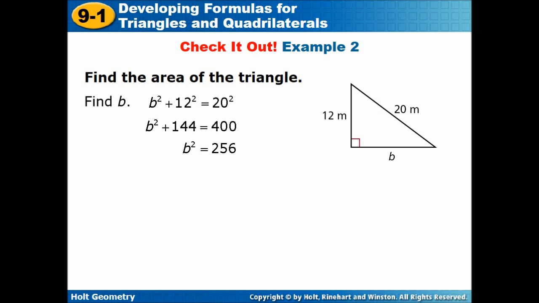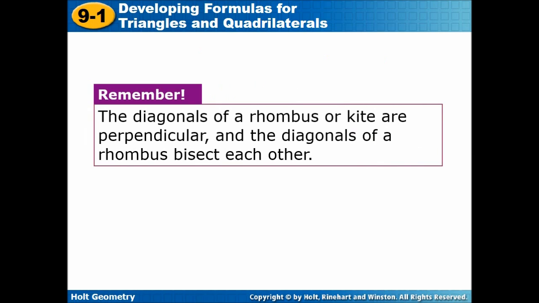So B squared plus 144 equals 400. And then you subtract 144, you get B squared equals 256. And then take the square root of 256, and B equals 16. Now you will need to take that information, now that you know what B is, and find the area of the triangle, and I'll let you do that on your own.